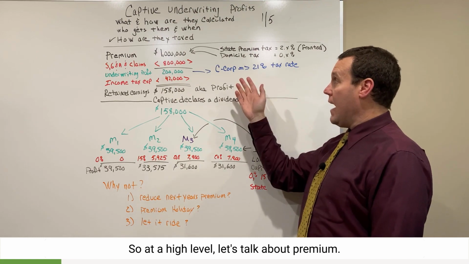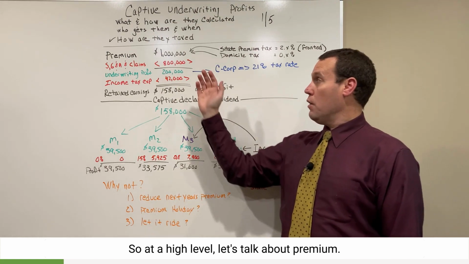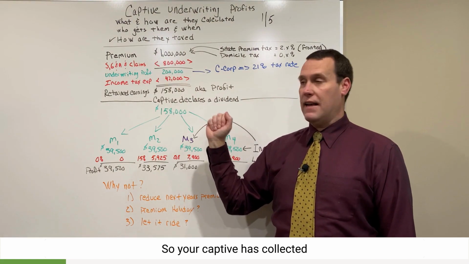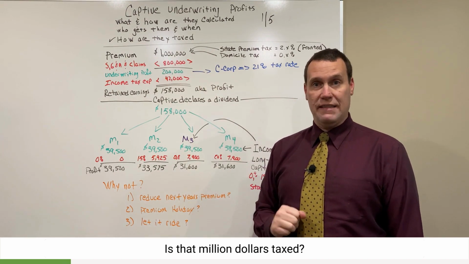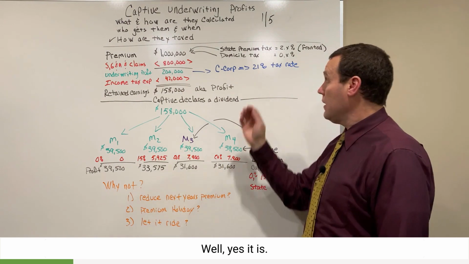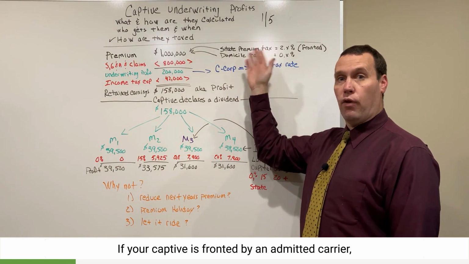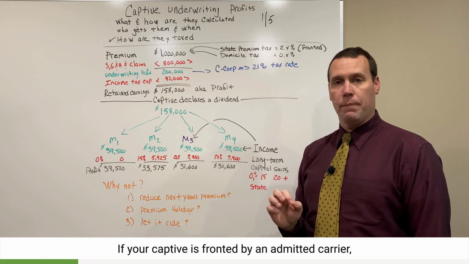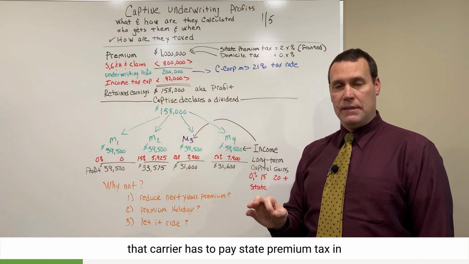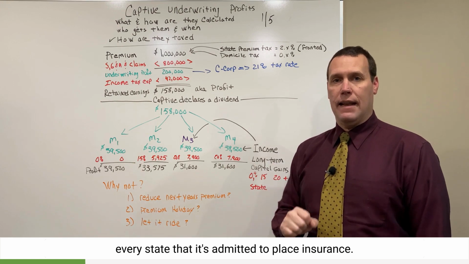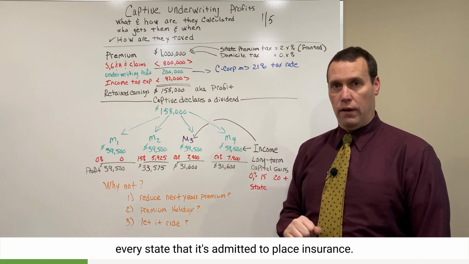So, at a high level, let's talk about premium. Your captive has collected $1 million of premium. Is that $1 million taxed? Well, yes, it is. If your captive is fronted by an admitted carrier, that carrier has to pay state premium tax in every state that it's admitted to place insurance.